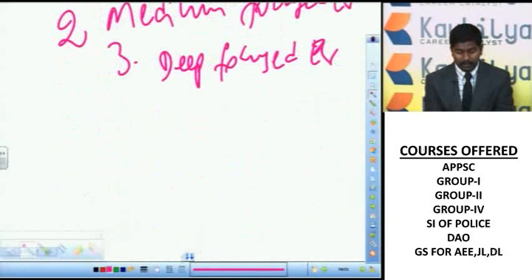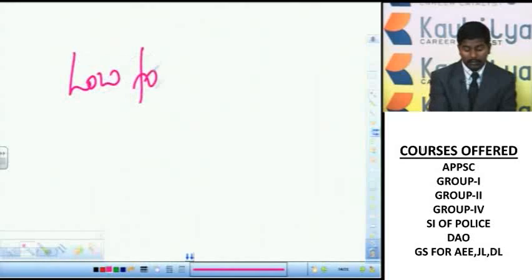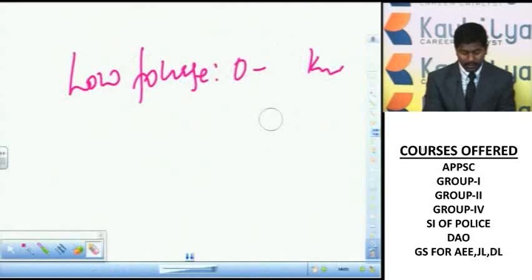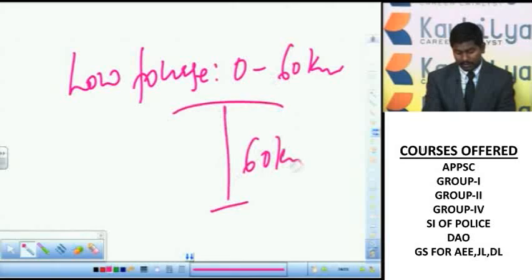When the depth of the focus is from the earth surface up to a depth of 60 kilometers, it is called a low focused earthquake.